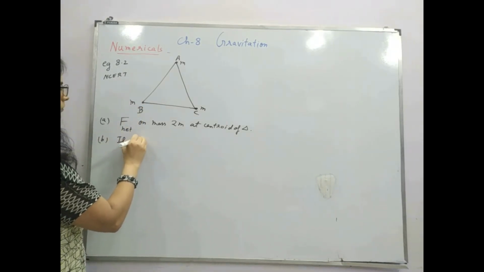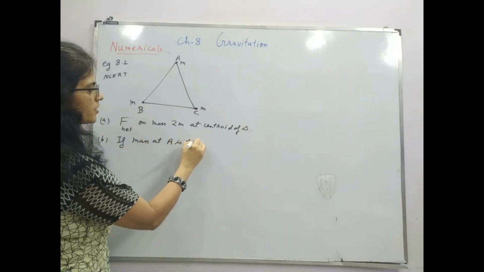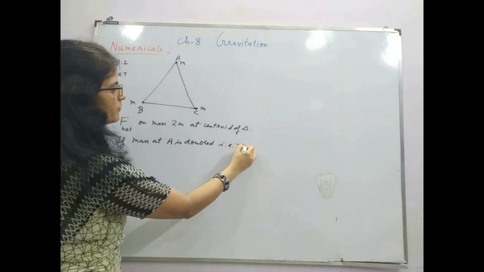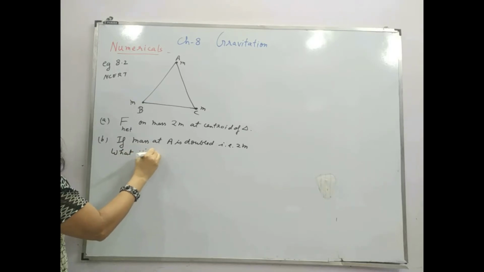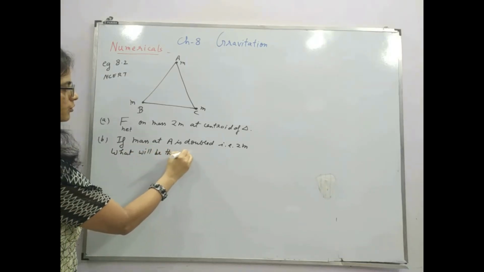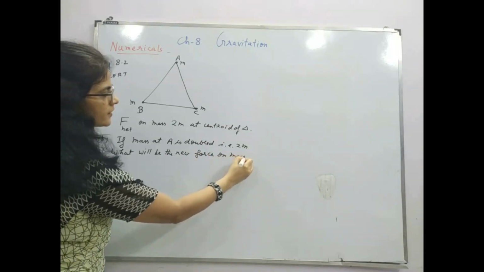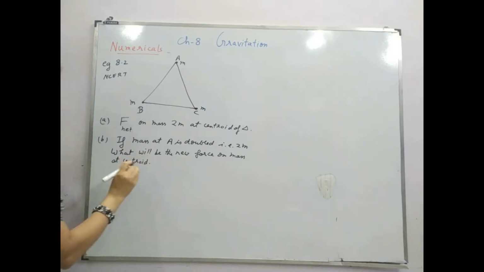If mass at A is doubled, that is 2m, what will be the effect on the force? What will be the new force on mass at the centroid? This is what is asked.